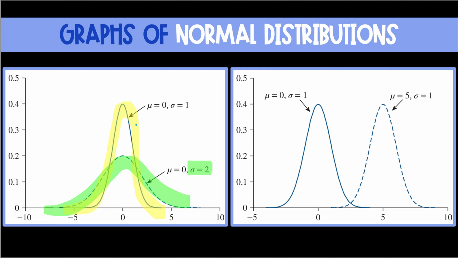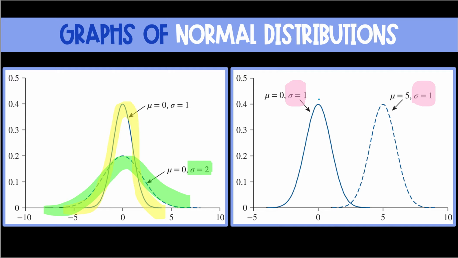Now, if we have two curves having the same standard deviation but different means, they will have the same shape. They're going to be equally flat or narrow, or short or tall, but they're going to be located in different sections on your graph.